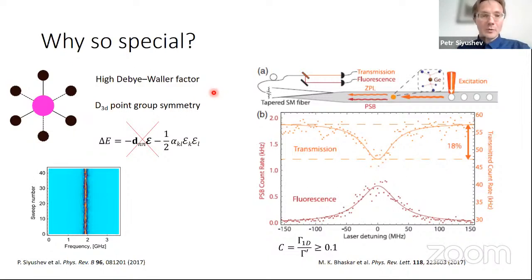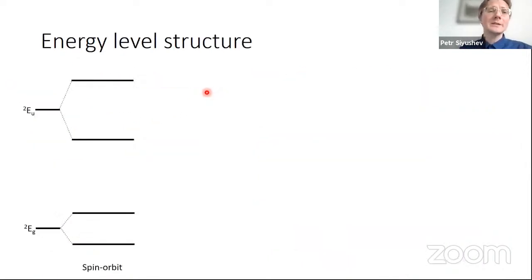And how about spin properties? For this, let's start with the energy level diagram for silicon vacancy center or any of this family: silicon vacancy, germanium vacancy, lead vacancy, and so on. All of them would have very similar structure. So the ground state and the excited state are represented by orbital doublets, which are split due to spin-orbit interaction.